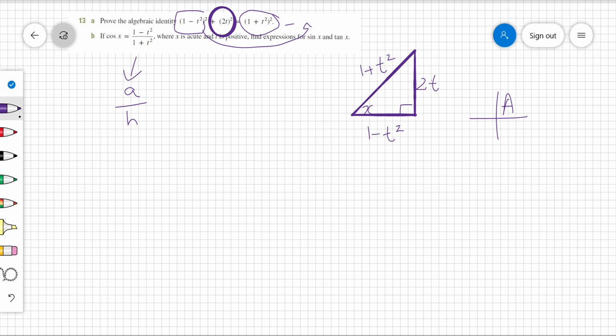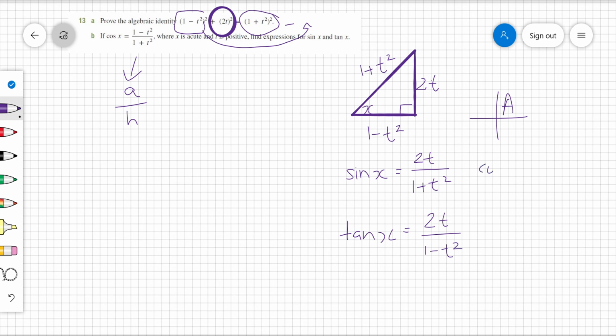All right, so once we know that, as we usually do, we've got sine x, opposite over hypotenuse, and we've got tan x, opposite over adjacent.